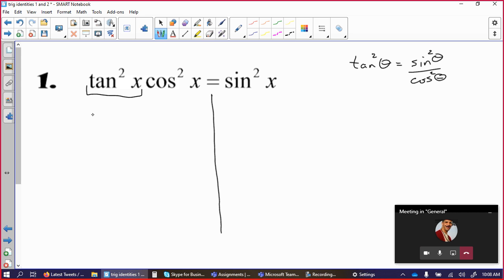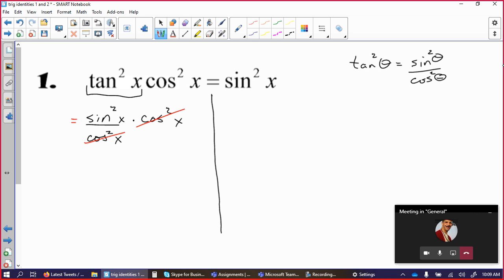Those are all equivalent, so I can say sine squared x over cos squared x times this one stays sine x. There's nothing I can really do with that, so I don't particularly care. Leave the simple side. Those both cancel.